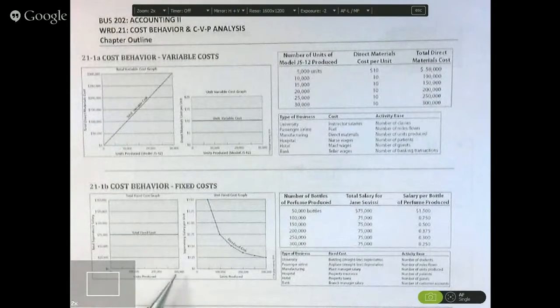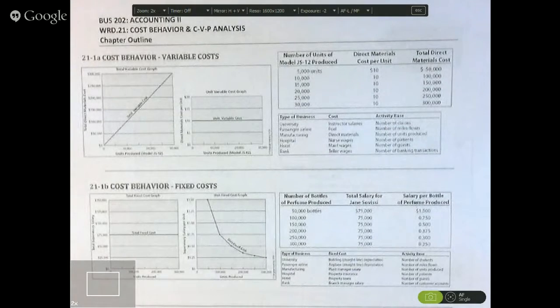And if we ramp up our production to 300,000, which would share that $75,000 of cost, our per unit cost would only be about 25 cents per unit. So the takeaway point from 21.1b is that as volume increases, the fixed cost per unit will decrease.